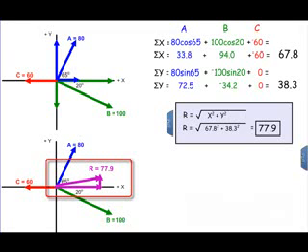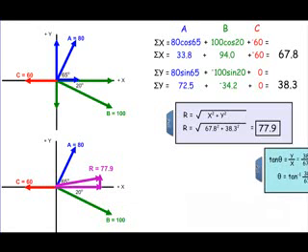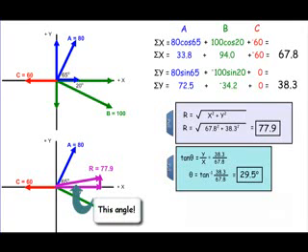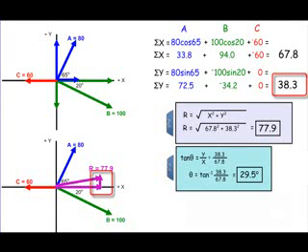To find the direction, we have to use the tangent function. Let me pull this out. The tangent of the angle, and we're talking about the angle between the x-axis and the resultant, is equal to opposite over adjacent. You can see that the opposite side is our value for the sum of the y components, that is 38.3.